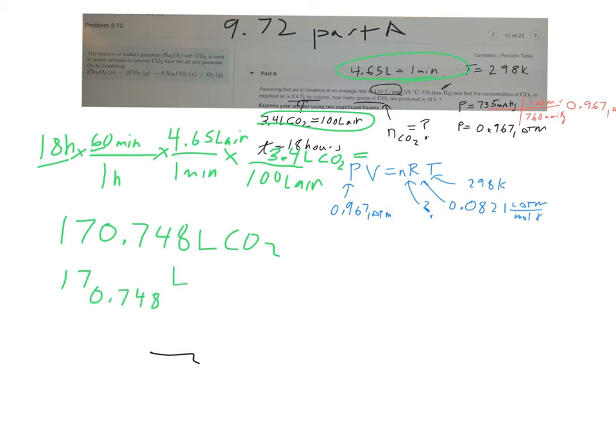So now I have a liters, or a volume, that I can use in PV equals nRT and solve for my number of moles. So that's what I'm going to do.